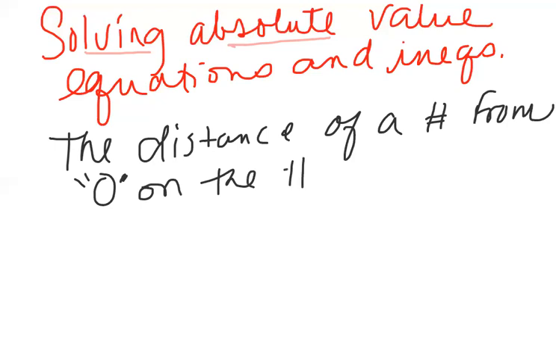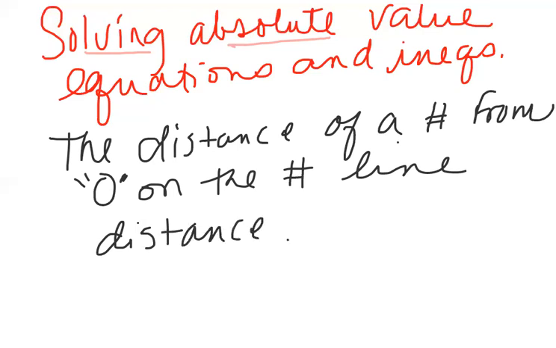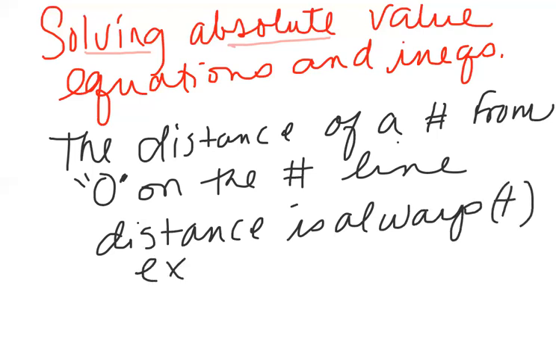What you have to remember is that distance is always positive, except for 0. So essentially, whether you're moving forwards or backwards, the distance will always be a positive value, guys.